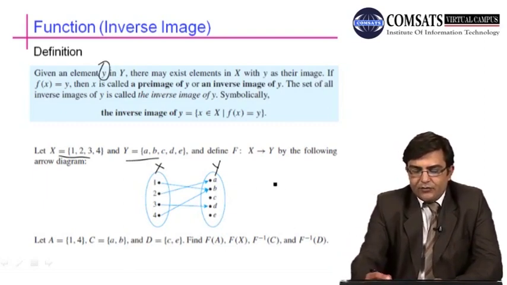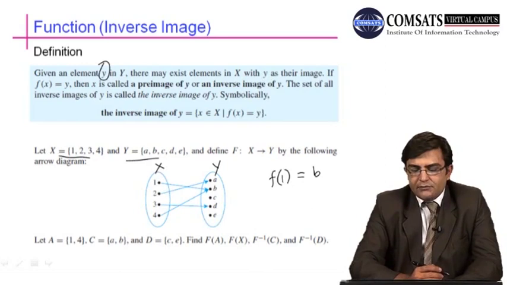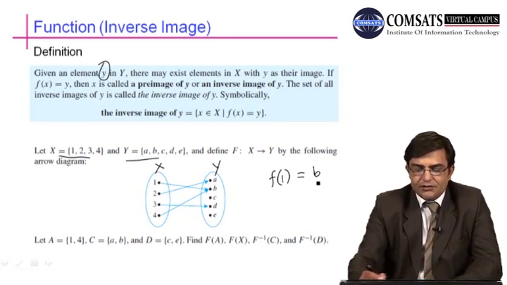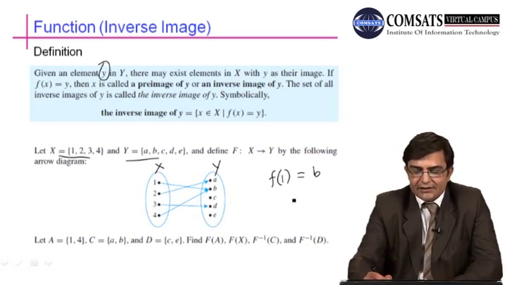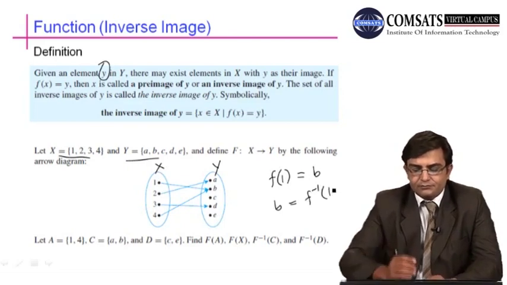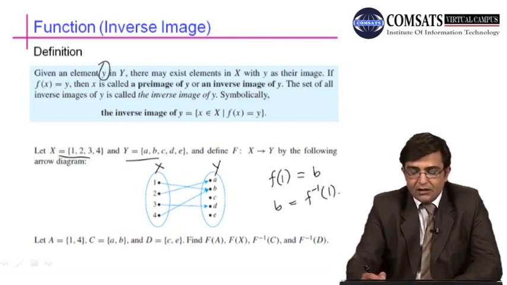If we denote f of 1, what is f of 1 here? This is basically b. And we say that this b is the image of 1 and 1 is the pre-image of b or inverse image of b.